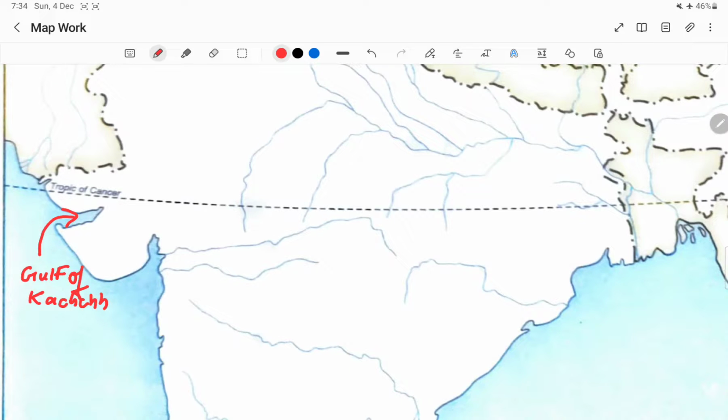After this, our next labeling will be Gulf of Kambat. This will be right below it. That will be the Gulf of Kambat.